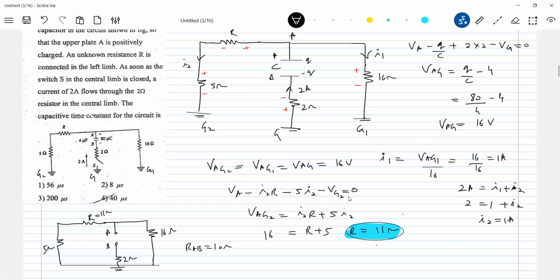Shall I write directly? These two are in series: R plus 5, 11 plus 5, 16. 16 parallel 16 is 8 ohm. 8 ohm in series with 2 ohm will be the RAB. I'll draw one more circuit.